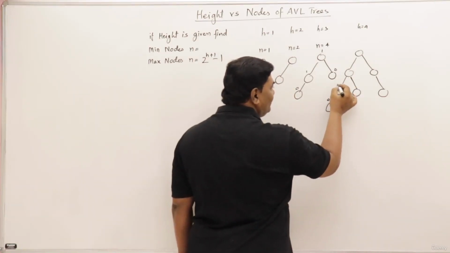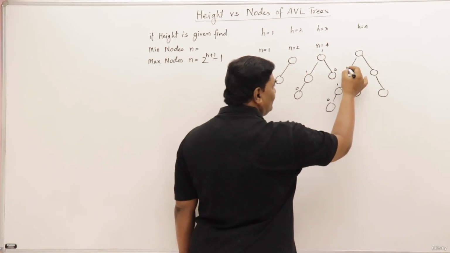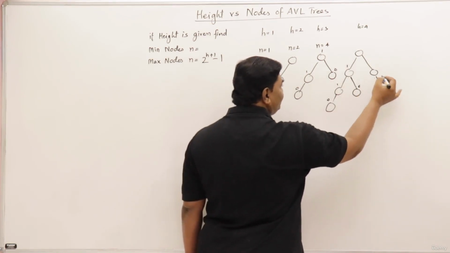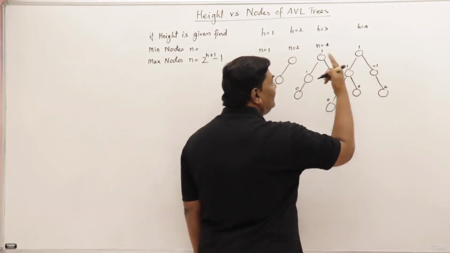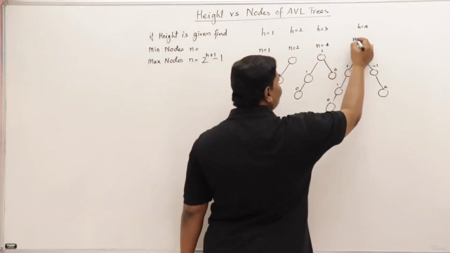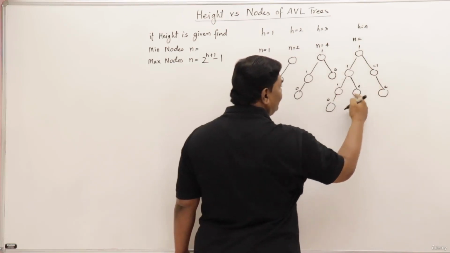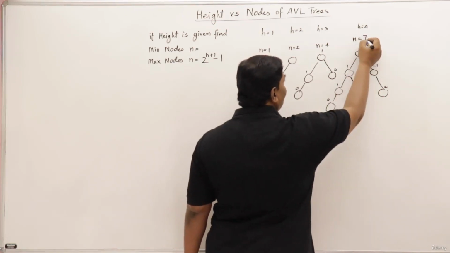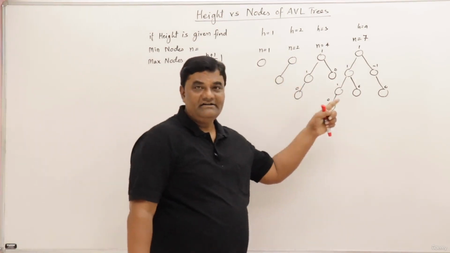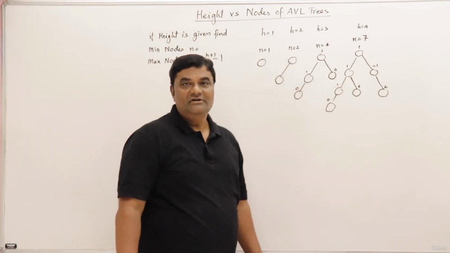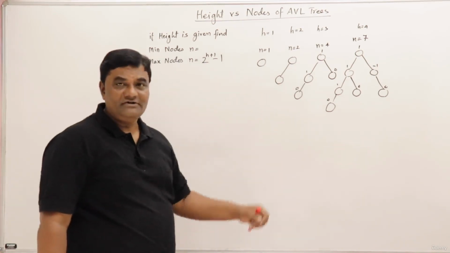Let us check the balance factors: 0, 1, 0, and this is 1, this is 0, this is minus 1. So total how many nodes required? 1, 2, 3, 4, 5, 6, 7. Minimum 7 nodes required for height 4, where the heights are starting from 1 onwards.